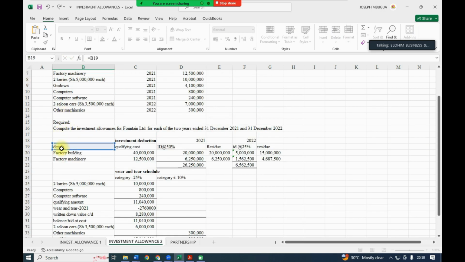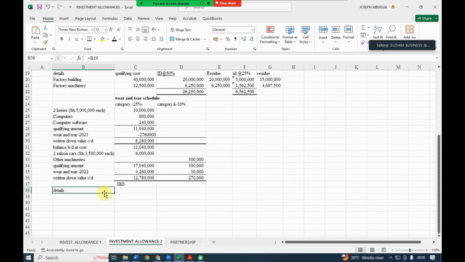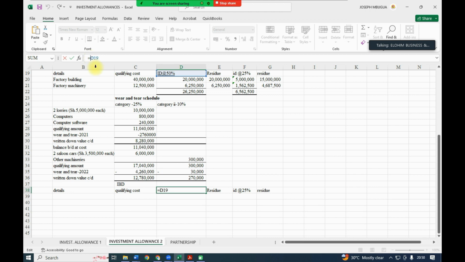These details, and I will go across that way. But in our case, we shall have qualifying amount. This one will be IBD at 10%.